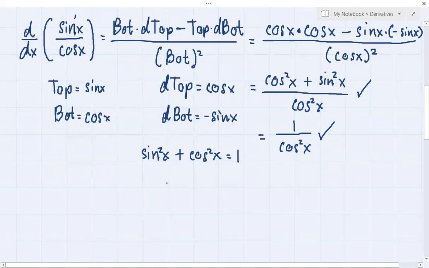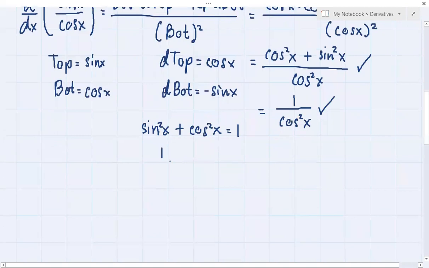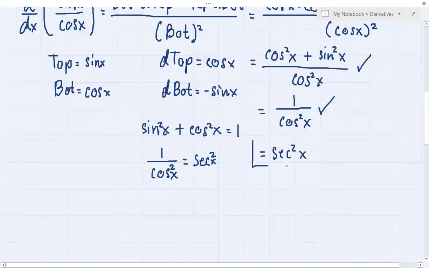Or, pwede pa natin siyang i-simplify pa. Recall that 1 all over cosine x is equal to secant x. So, if we have 1 all over cosine squared x, then the answer would be secant squared x. Therefore, 1 all over cosine squared x is secant squared x. And that will be my final answer.